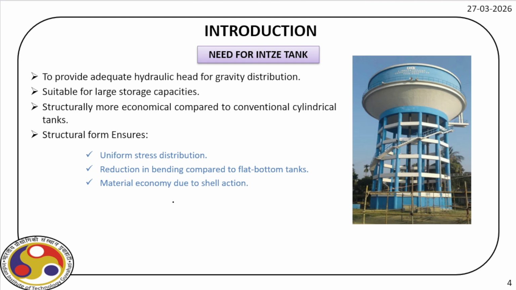Now, before we go into the details of structural stresses against which we have to design and provide reinforcement, let us see first the need for this tank, why we go for this tank. As I have already told you, for large capacity, we can provide adequate hydraulic head because these tanks are located at a particular height, and then gravity alone will be sufficient for the distribution of water in a township.